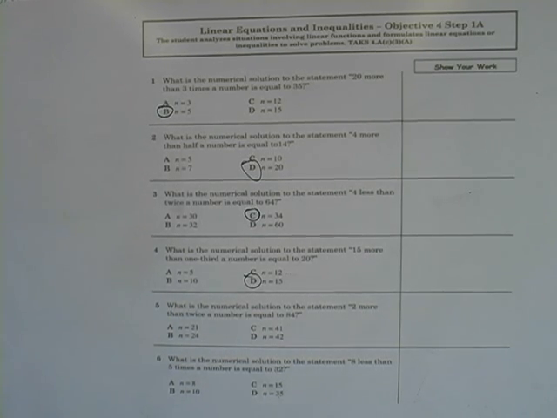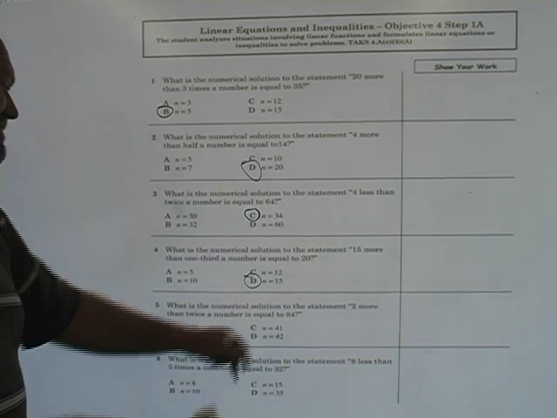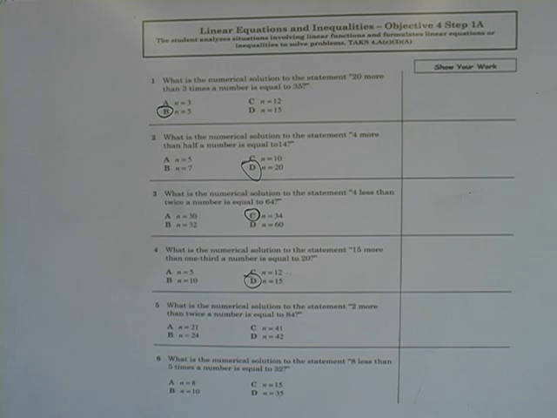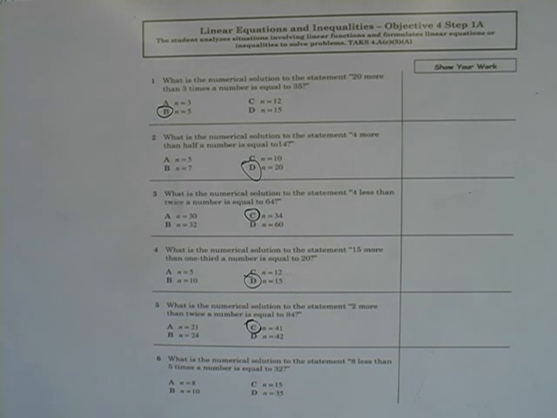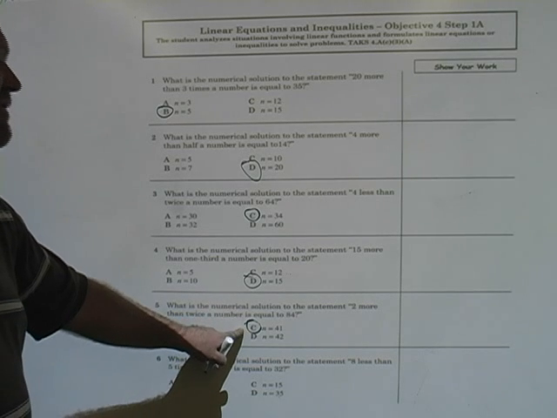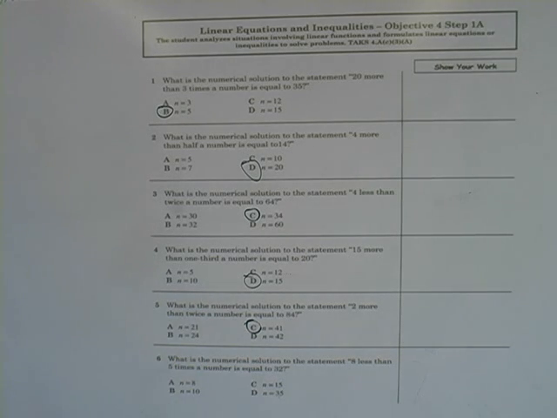Number 5, 2 more than twice a number is 84. Okay. 2 more than twice 41 is 84. Check that if you're not sure. Just plug that answer in and you'll see that that's correct.